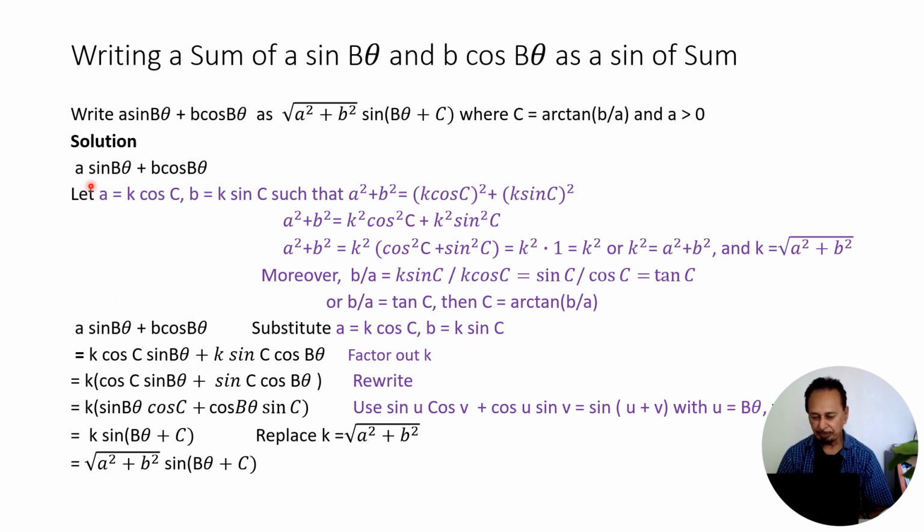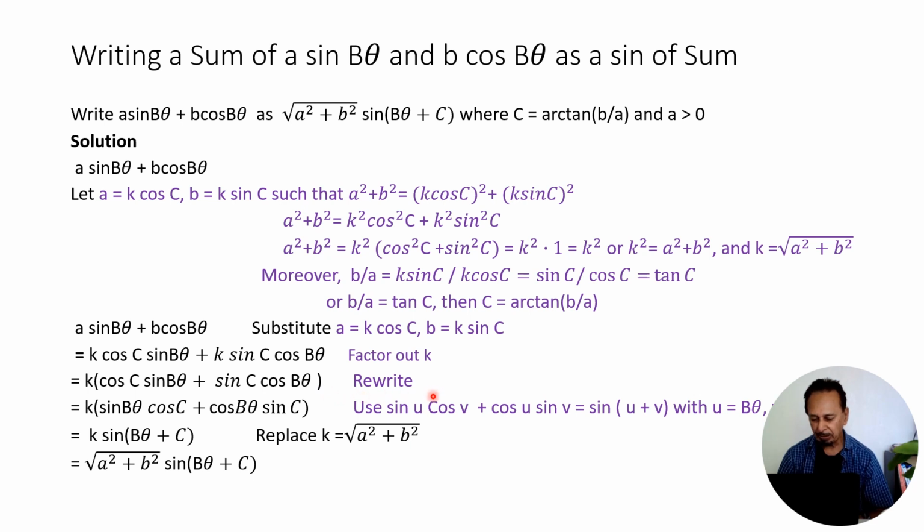So let's start with a sine b theta plus b cosine b theta. Now we substitute a equal to k cosine of c and b equal to k sine of c. So this becomes k times cosine of c sine b theta plus k sine of c times cosine b theta. Now we can factor k and we're left with cosine c sine b theta plus sine of c cosine b theta.